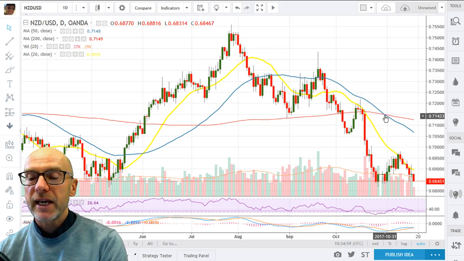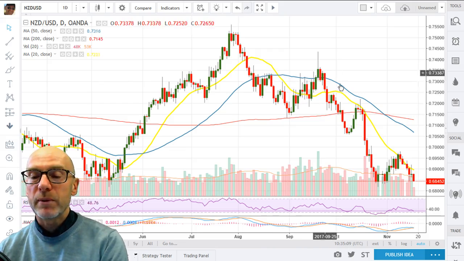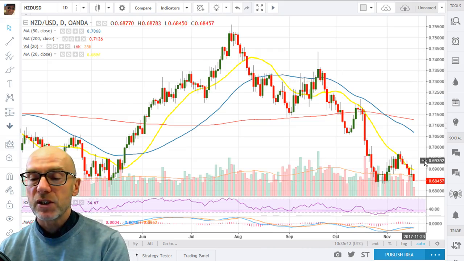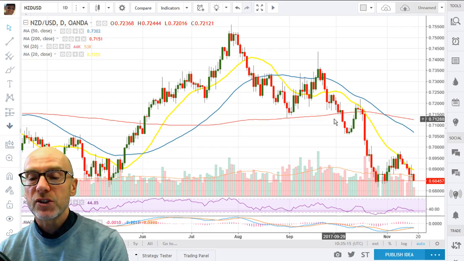We've had a negative cross on the 50 crossing the 200, and we did have the 20 crossing the 50 back in August. So they've all been borne out as bearish indicators as the markets move lower, and you can see on numerous occasions that these moving averages are acting as a resistance, which has been the case all this week with the 20-day.